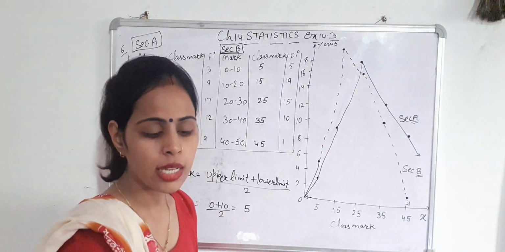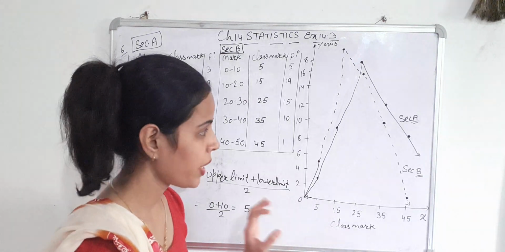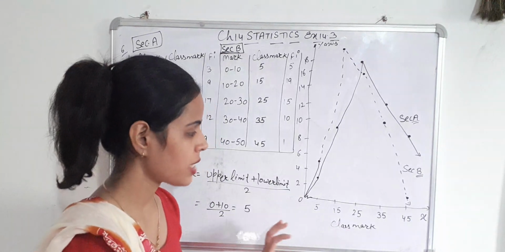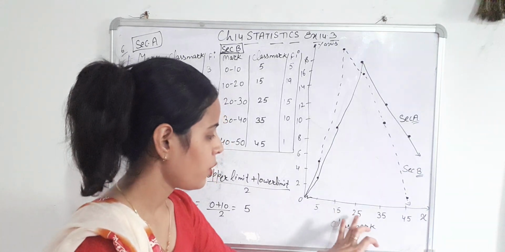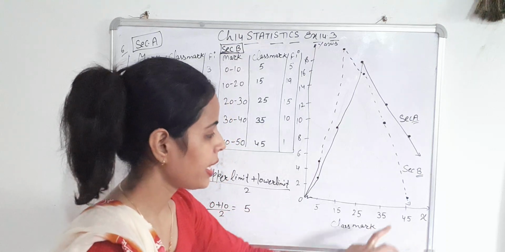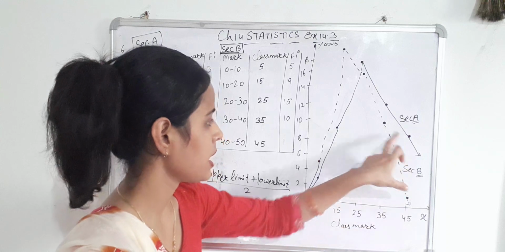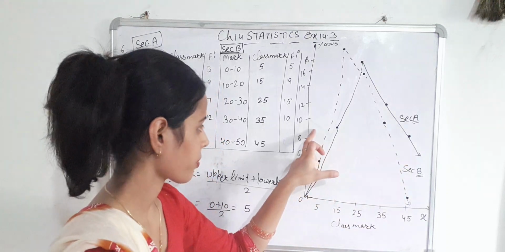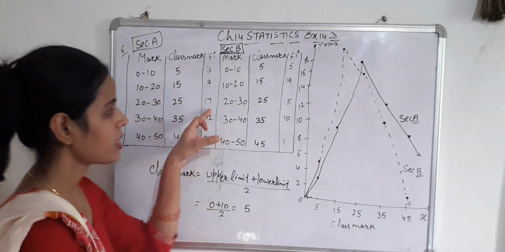From the two polygons, compare the performance of the two sections. Class marks 15, 25, 35, 45. You can see clearly for section A, class mark 45 has frequency 9, 35, 12 and 25, 17.